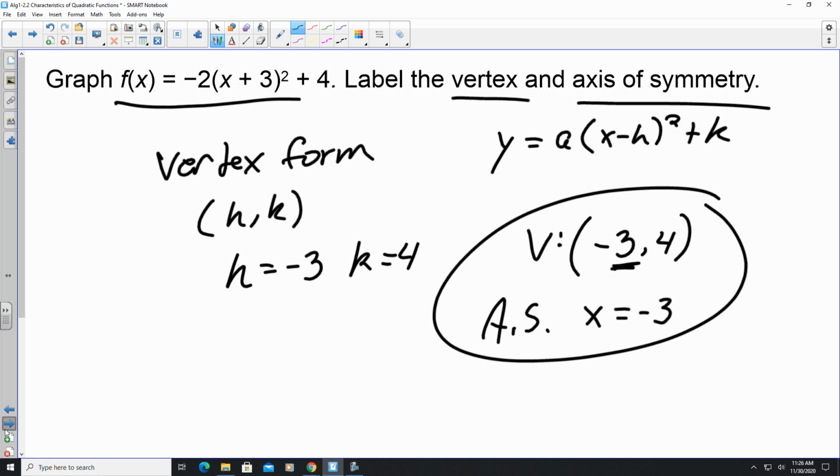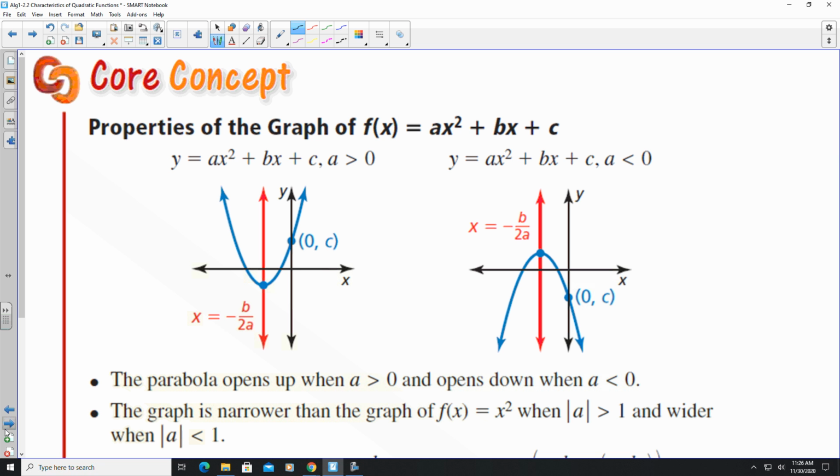Also, we looked at graphing a parabola in standard form. So this is the general equation for standard form. We were able to easily identify the y-intercept. It's whatever the value of c was, 0 comma c.